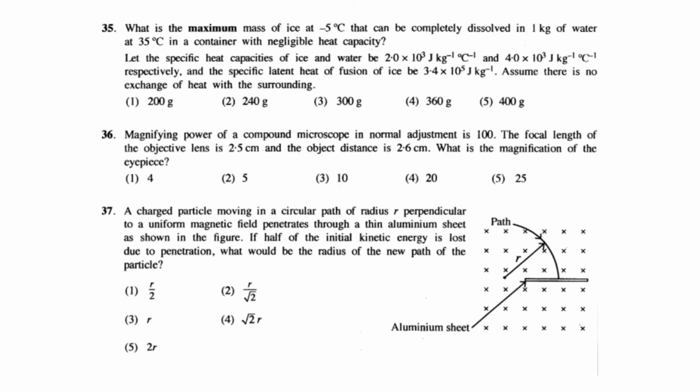What is the maximum mass of ice at minus 5 degrees Celsius that can be completely dissolved in 1 kilogram of water at 35 degrees Celsius in a container with negligible heat capacity? Let's assume the mass of ice needed to absorb all the heat in 1 kilogram of water is simply m.